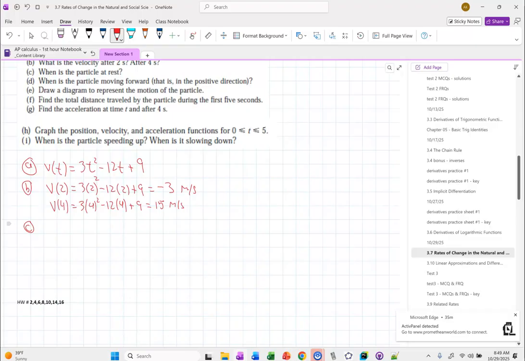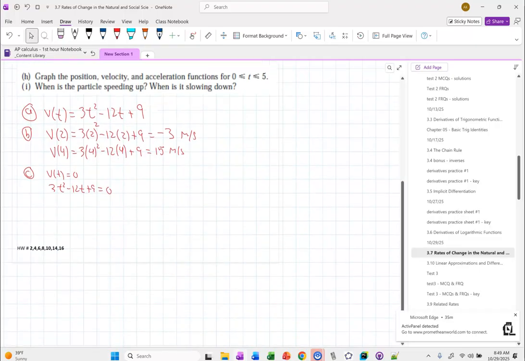When is the particle at rest? What does it mean for something to be at rest? It's not moving, which means velocity is 0. So to solve that, what are we going to have to do? Would you do anything first?